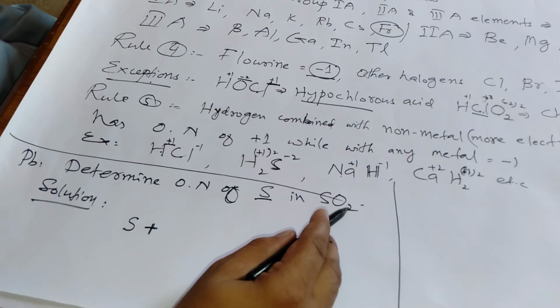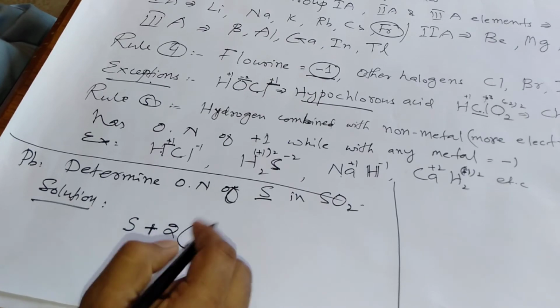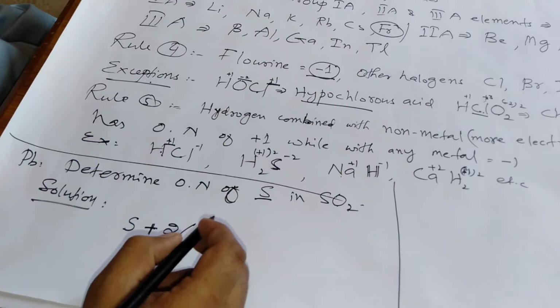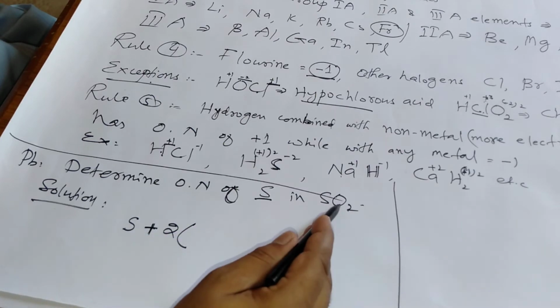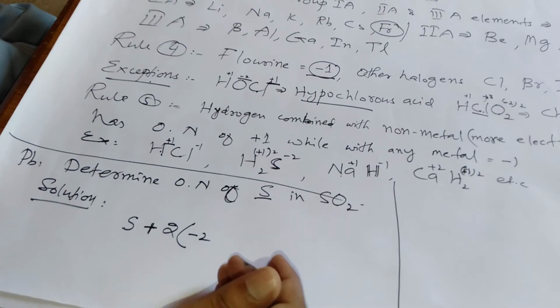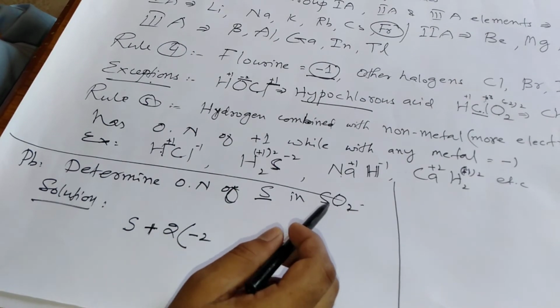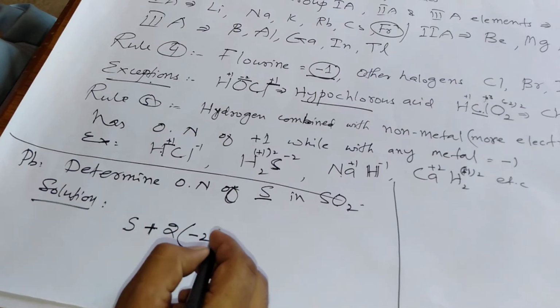So these are two atoms of oxygen, and we will write the oxidation number of oxygen in brackets. Of course it is -2 because it is a normal oxide, neither a peroxide nor a superoxide. So here oxygen has -2 oxidation number.